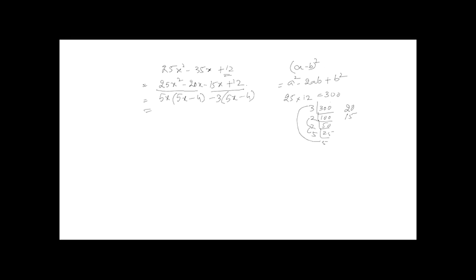So that will give you 5x minus 4 into 5x minus 3. So this can be the length and this can be the breadth. Any one of them. They can be the length and breadth. Correct? Yes, ma'am.